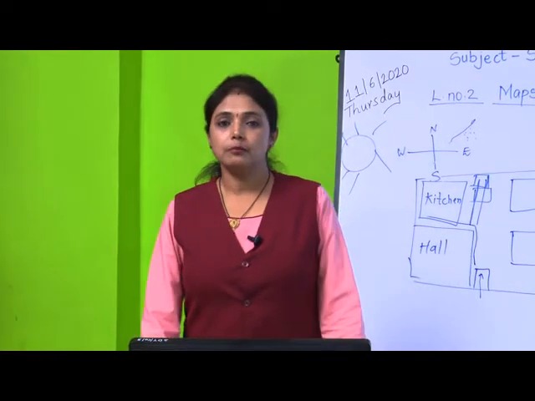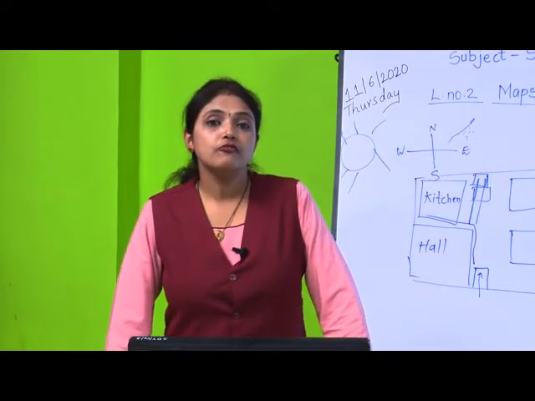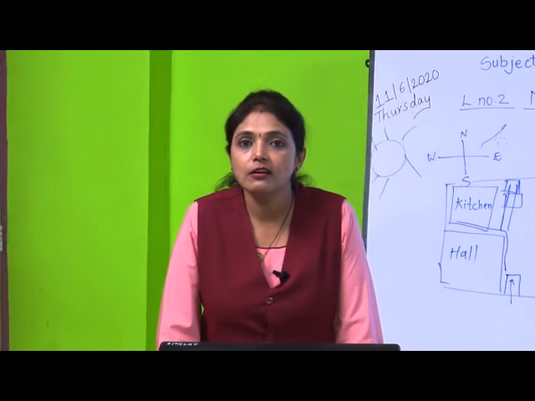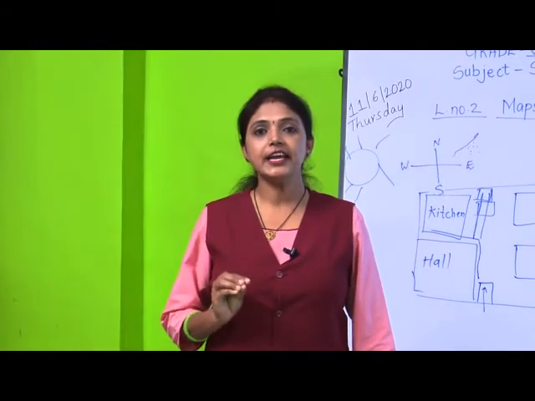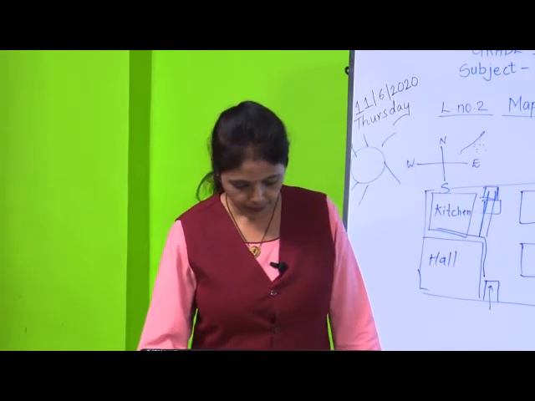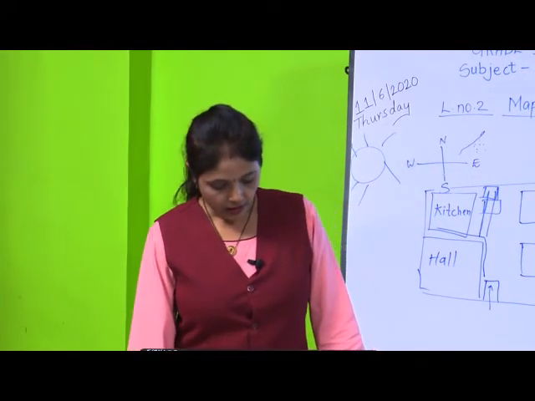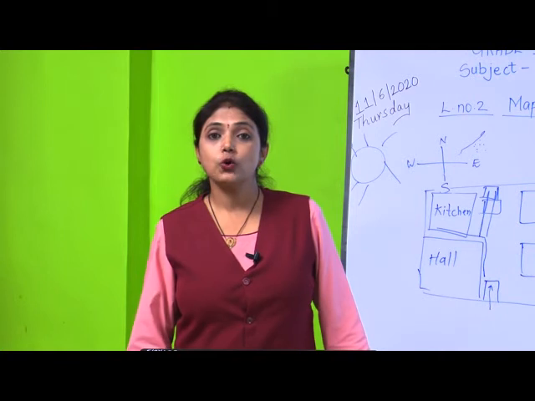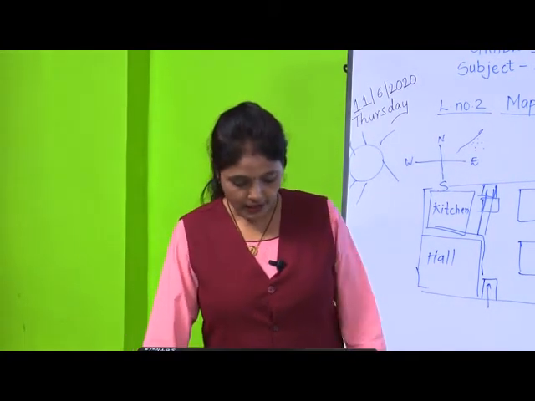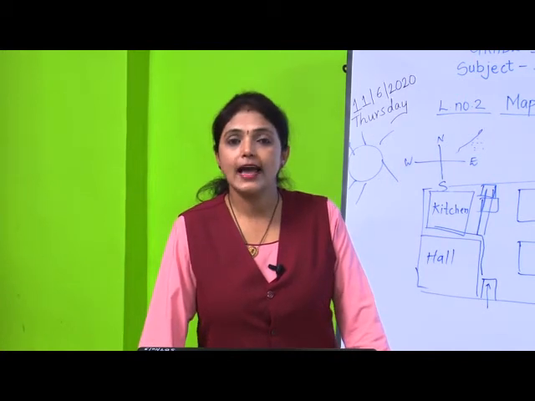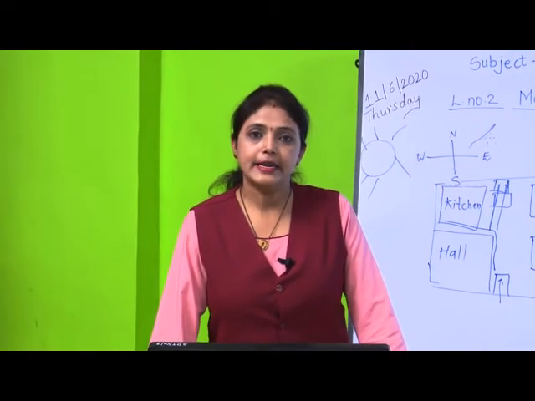Then brown color. Which part has brown color? Mostly the mountains. So mountains are indicated in brown color. Then dark brown shows very high mountains. And yellow color is shown as plateaus and plains.